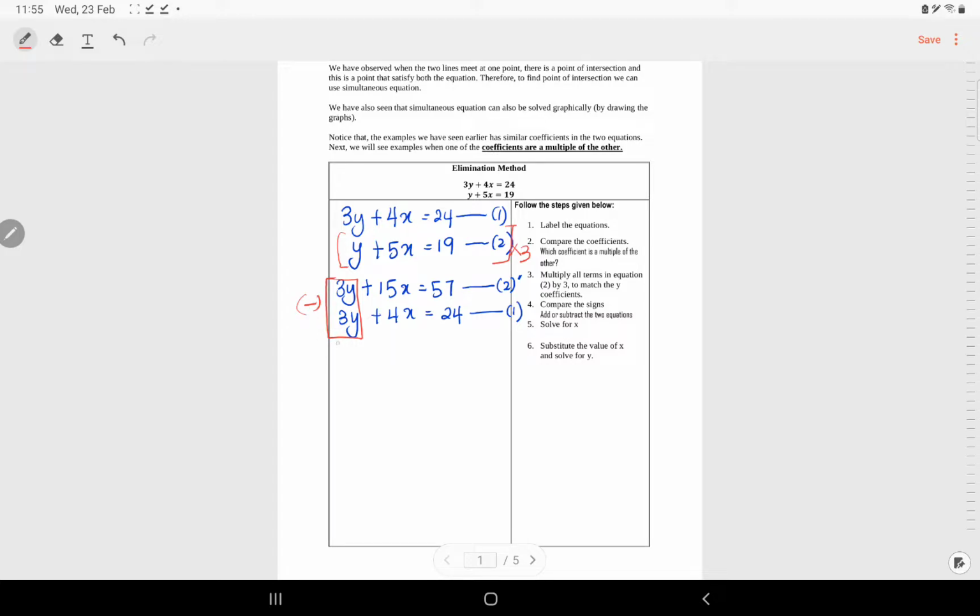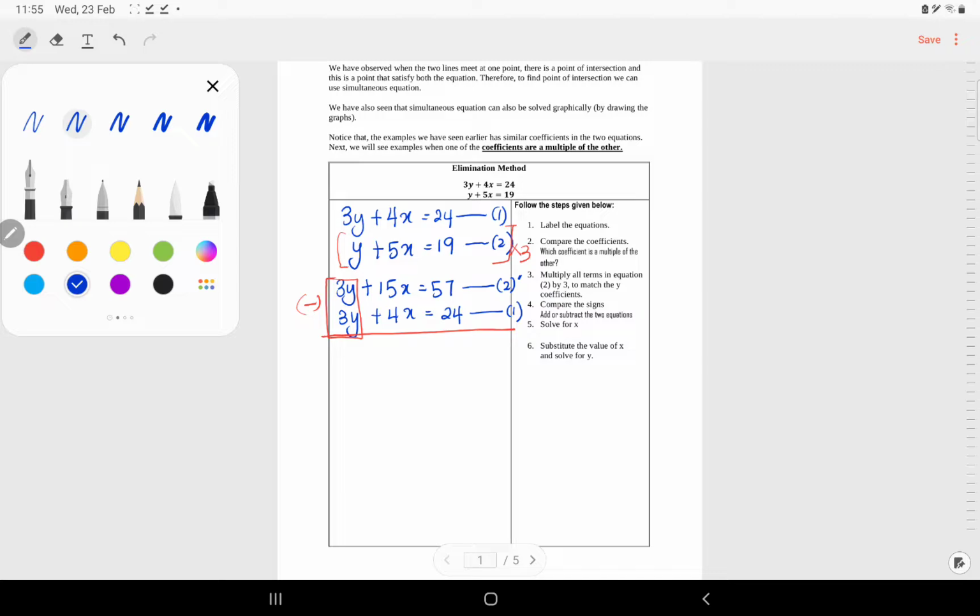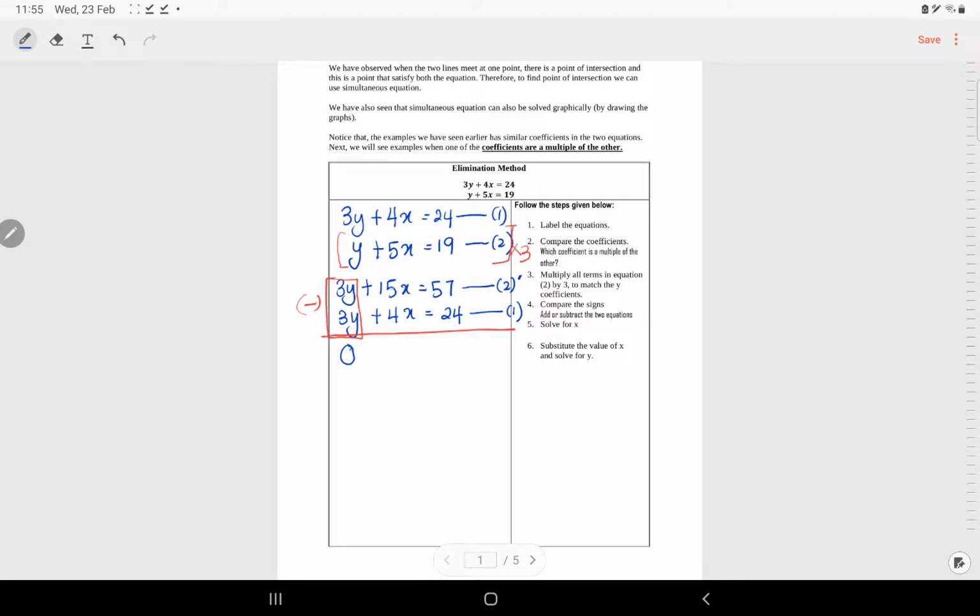By subtracting, 3y minus 3y gives 0, 15x minus 4x gives 11x, and 57 minus 24 gives 33. So 0 plus 11x is just 11x. Therefore, you get x equals 3.